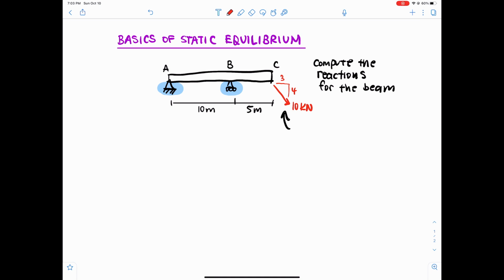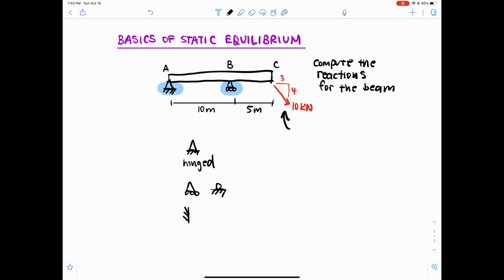So the three most common types will go into a bit more detail later, but the three most common types you will see is a hinged support, a roller support, also it can look like this, and finally a fixed support.